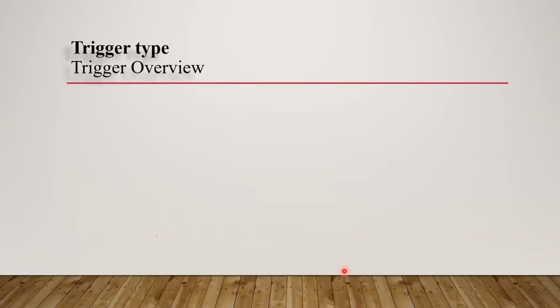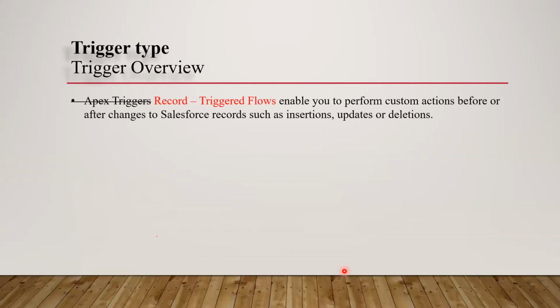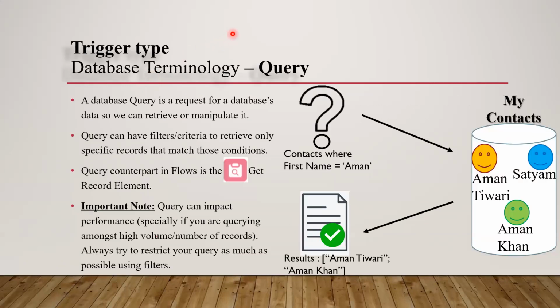Now, I was telling you about trigger type. Before I move on to trigger type, let me see if there is any question. Okay, there is no question. If you have any questions today, there is no option, I think, to unmute yourself and ask, because I have to cover a lot of things.